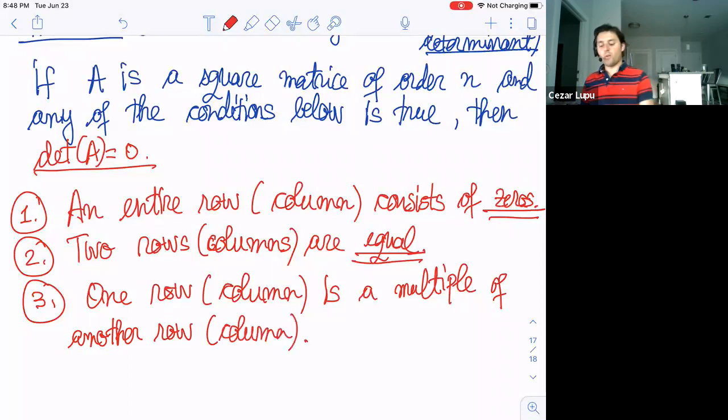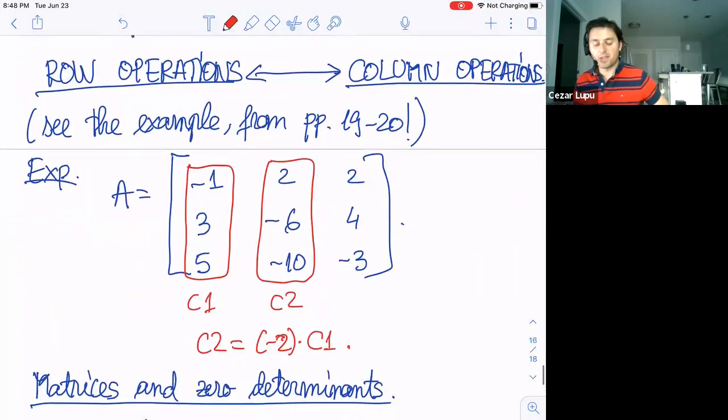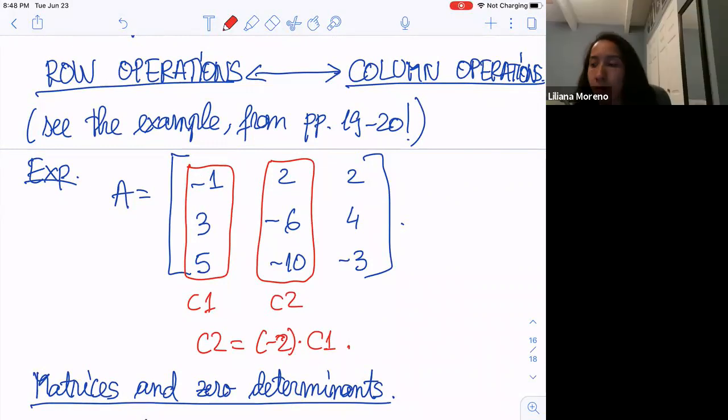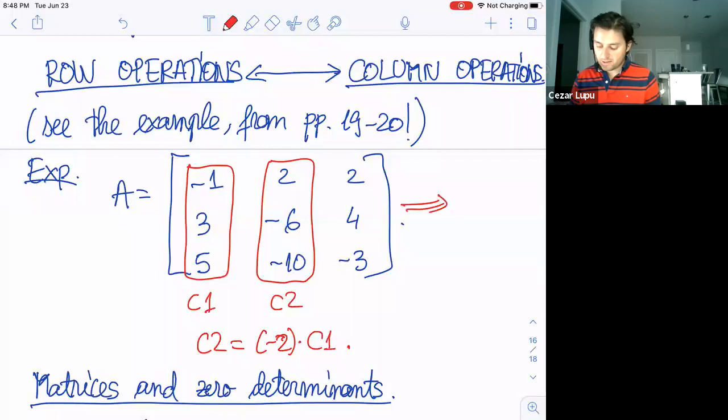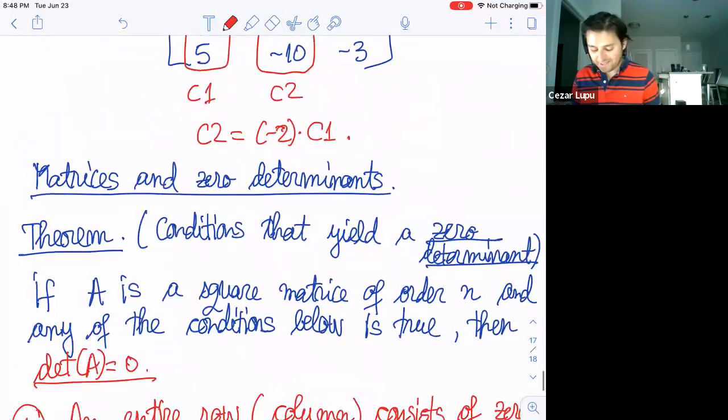So it's a multiple of another row or column. If I want to go back to this example, can you tell me what is the determinant of this matrix without doing anything? 0. And so the determinant of A is 0. Immediately. You don't even need to do anything.